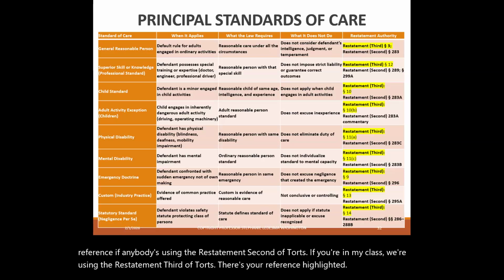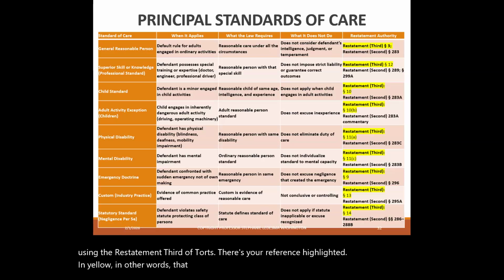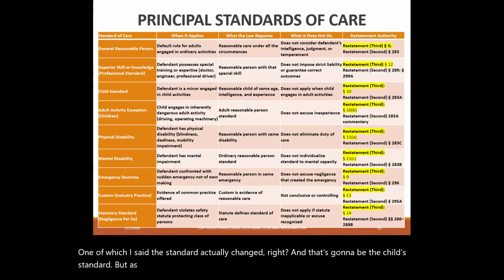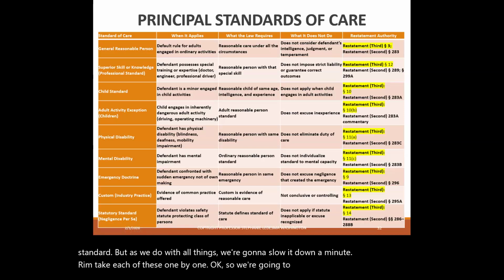In other words, that is your rule of law. The table also lists the other 8 standards, one of which, I said, the standard actually changed, and that's going to be the child standard. But as we do with all things, we're going to slow it down a tad and take each of these one by one.